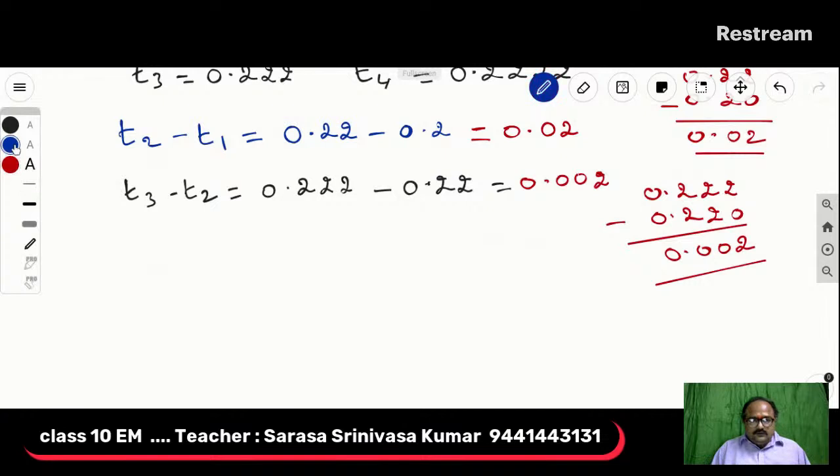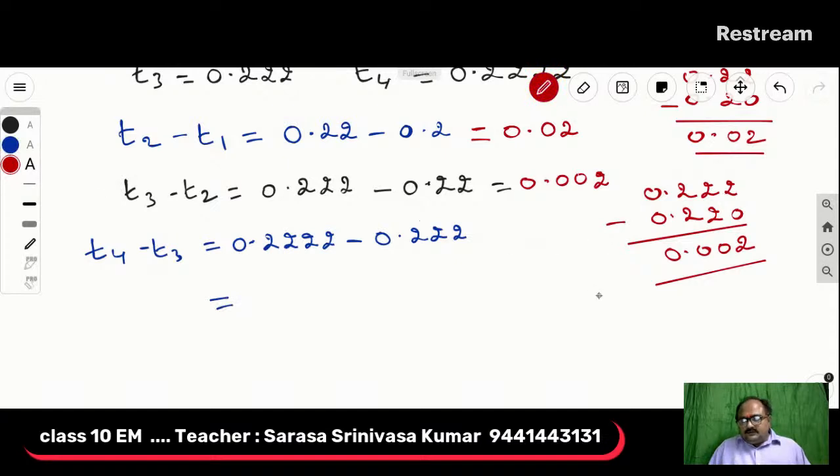Now we calculate T4 minus T3. This is equal to 0.2222 minus 0.222. We do the calculation here, 0.2222 minus 0.222.